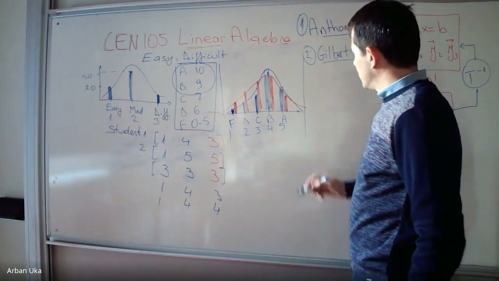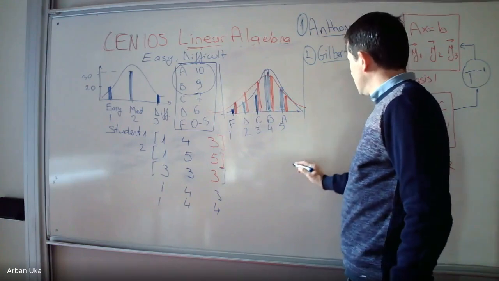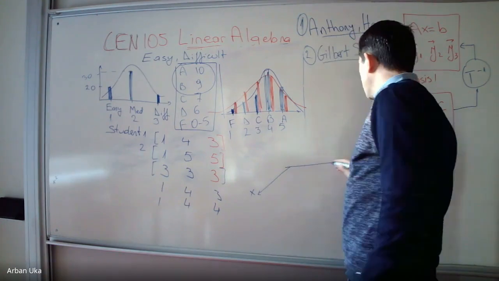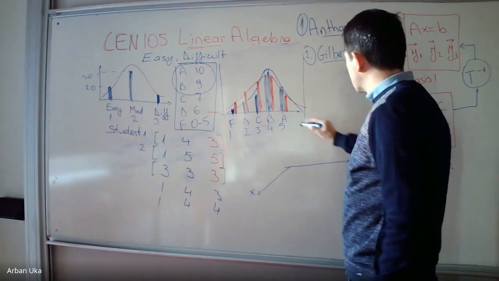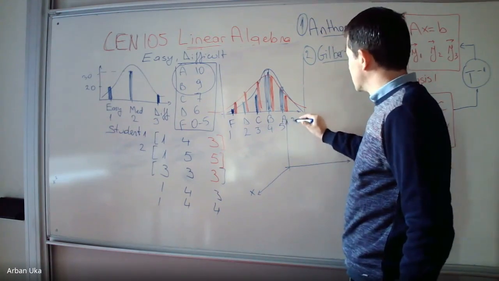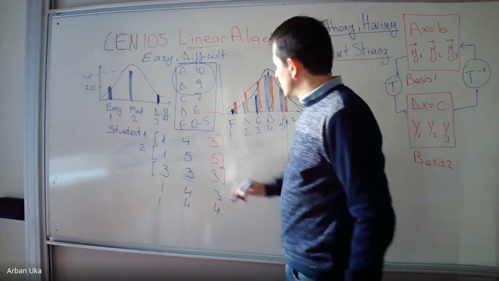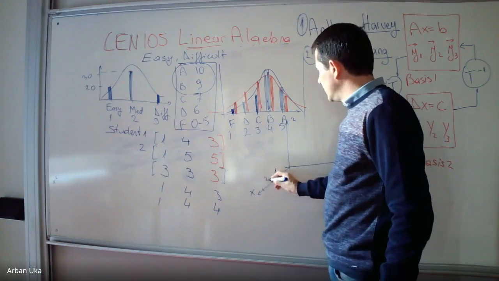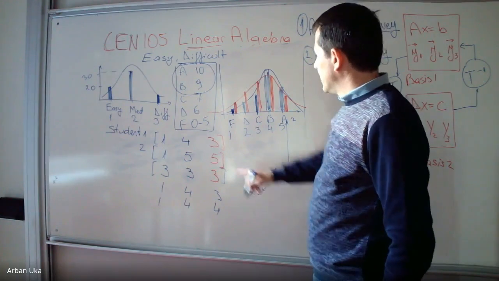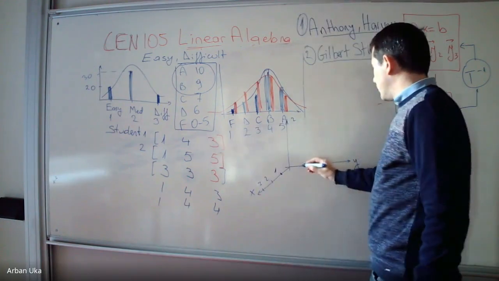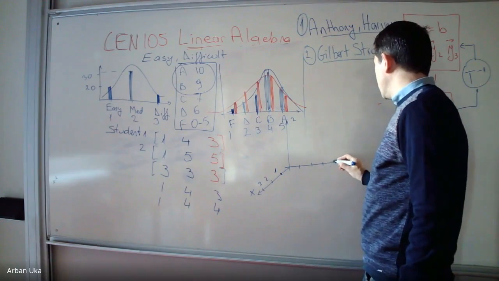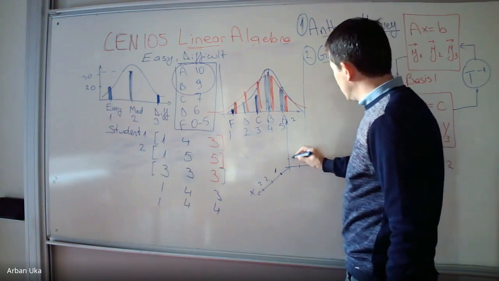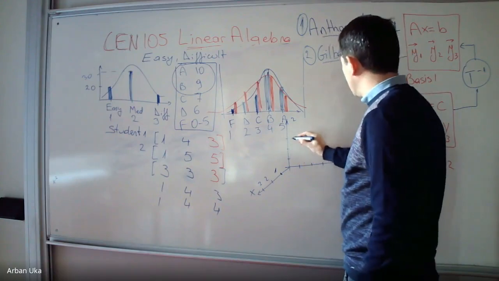Let's think for a moment. This is the x-axis, this is the y-axis, and here we have the z-axis. So the first student thought it was easy, so we have 1, and then was expecting a grade of 4. 1, 2, 3, 4, 5, so it's here, and then got a 3.